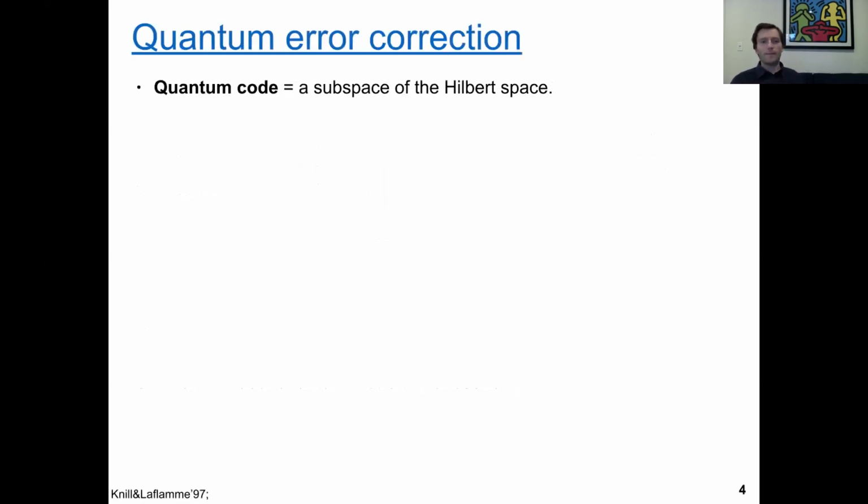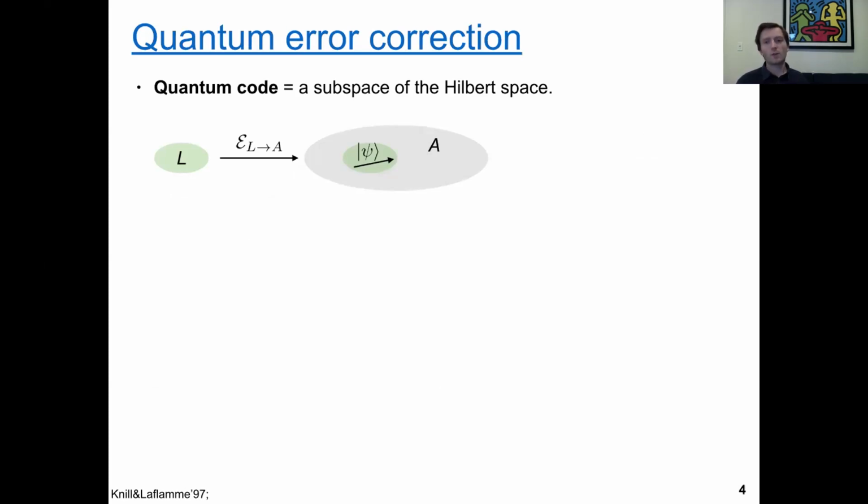So what is a quantum code? Very abstractly, one can think of a quantum code as a subspace of the Hilbert space. So we have some logical information, and we have some logical Hilbert space, and we want to encode it into the Hilbert space of some bigger system.